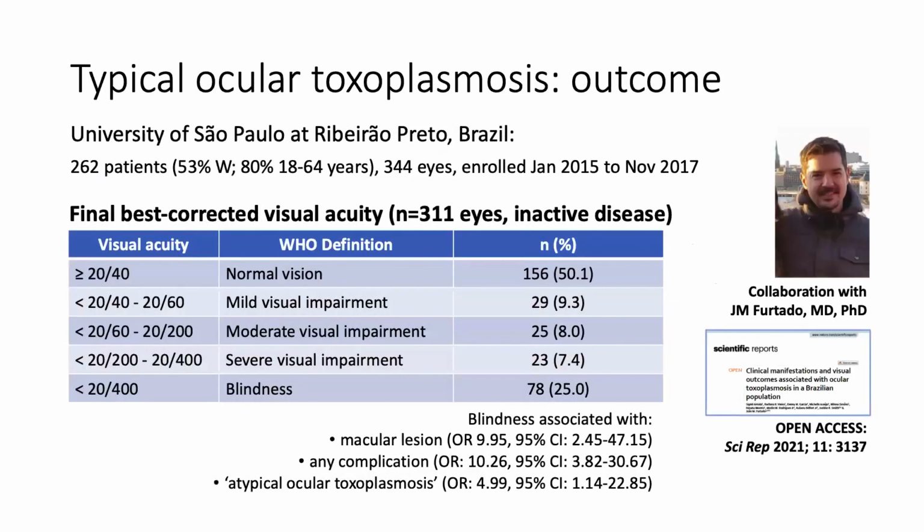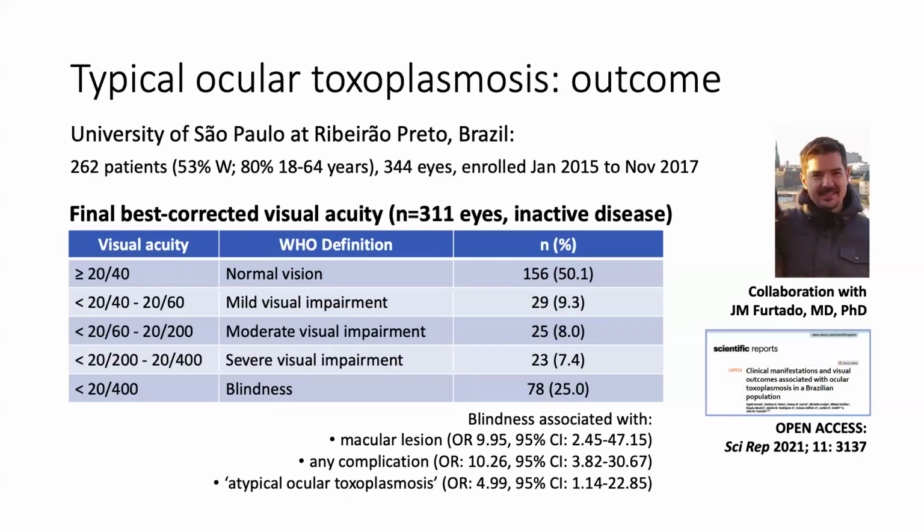And finally, what about the outcome? We talk about typical disease, so that almost implies that the outcome should be good. But actually, the outcomes of ocular toxoplasmosis, even in a typical case, may not be very good at all. This is data from a cohort study that we've been fortunate to collaborate with Professor Furtado from Brazil on.